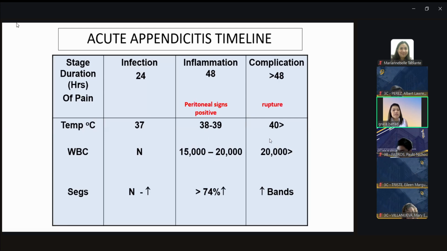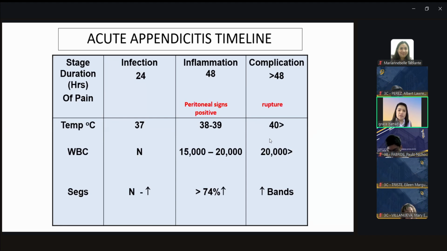In acute appendicitis, you have three stages: the stage of infection, inflammation, and complications. The first 24 hours might be just a slight abdominal pain, often in the epigastric area. There is no fever, and if you did a CBC, it was normal. Towards 48 hours, there is going to be a peritoneal sign.